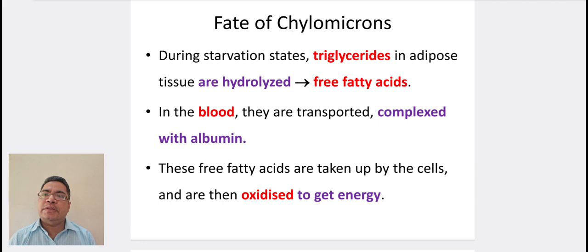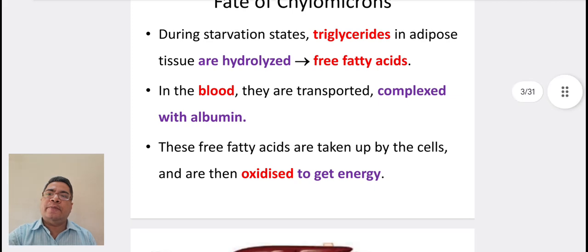During starvation states, triglycerides in adipose tissue are hydrolyzed to form free fatty acids. In the blood, they are transported complexed with albumin. These free fatty acids are taken up by the cells and are then oxidized to get energy.